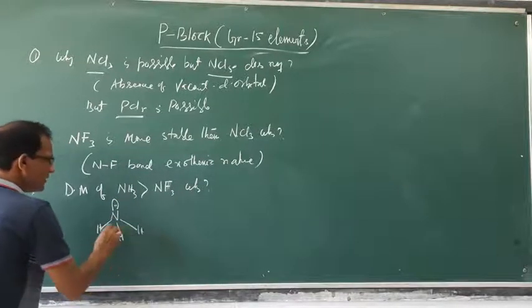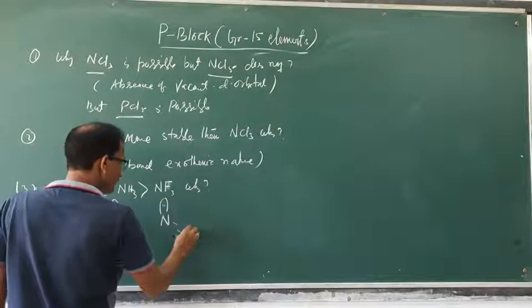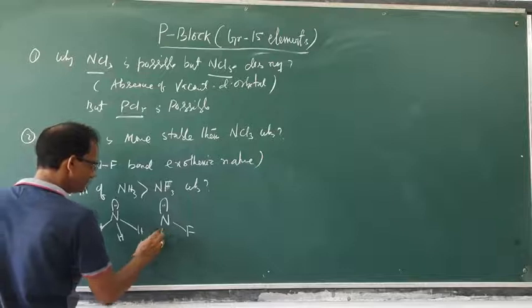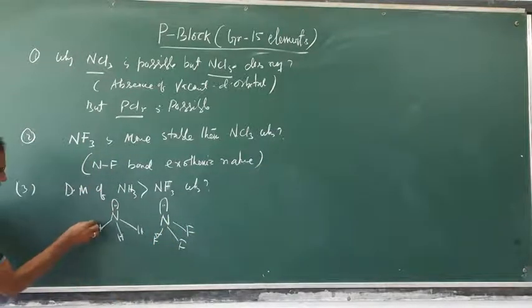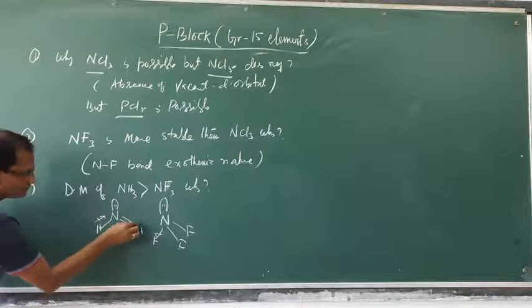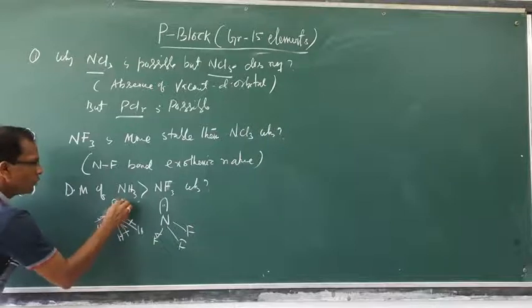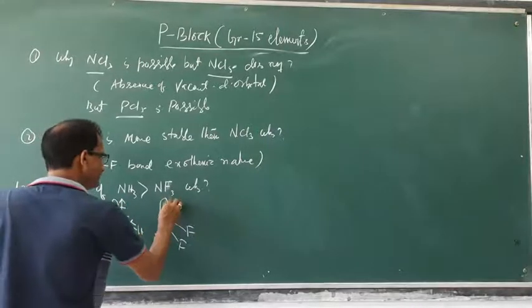This is the structure of NH3 and this is the structure of NF3. This bond dipole moment is towards this direction. The lone pair is always in the upward direction, and this is also the same.